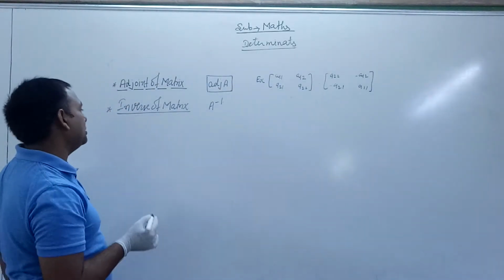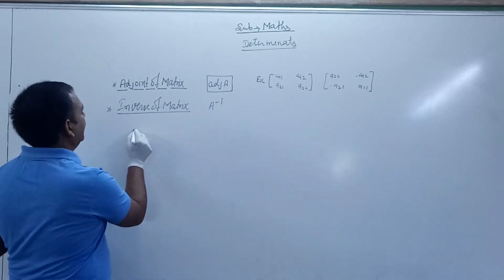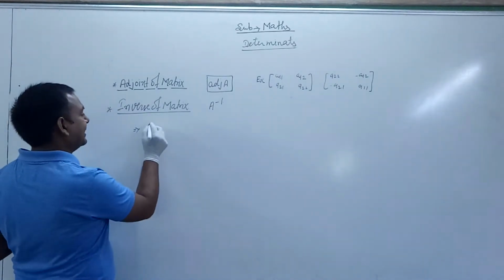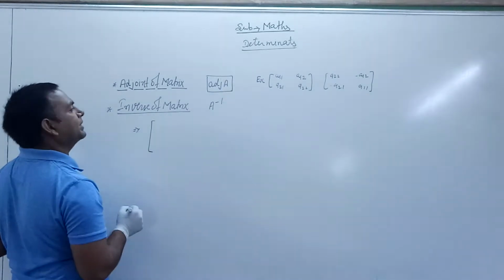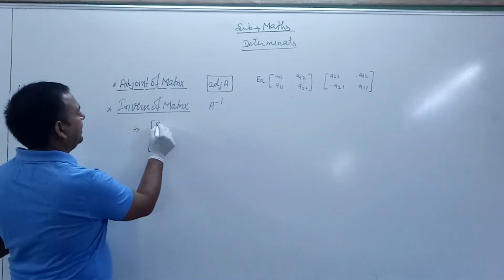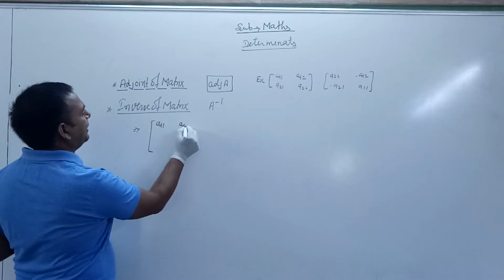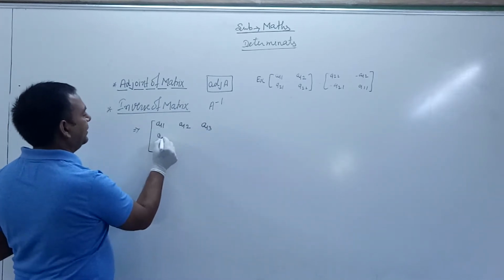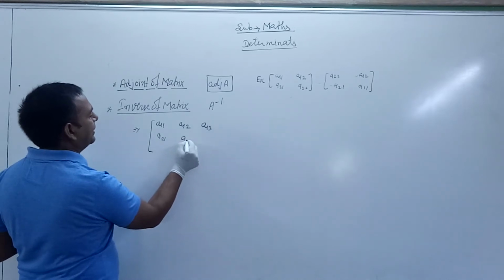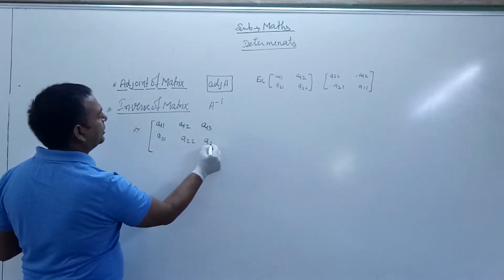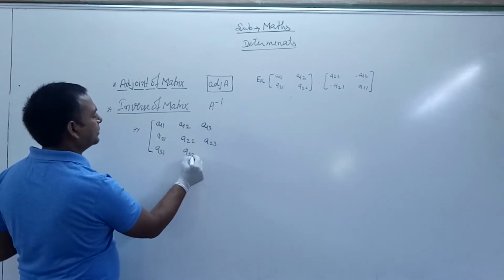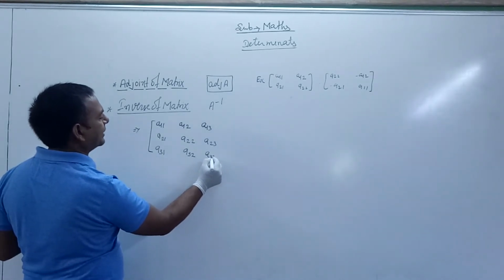Suppose that you have a matrix and you take the cofactor. Suppose the matrix is A11, A12, A13, A21, A22, A23 and A31, A32 and A33.